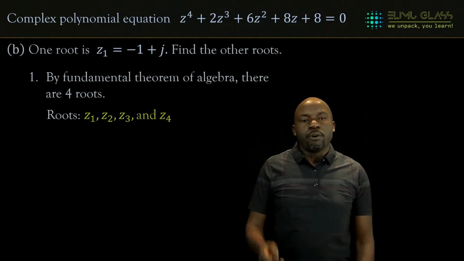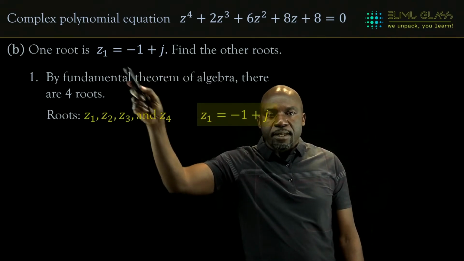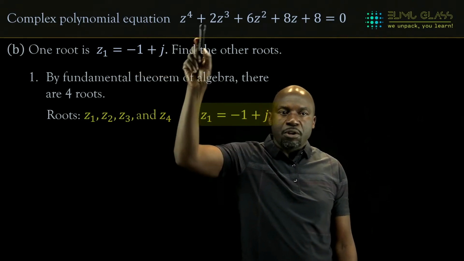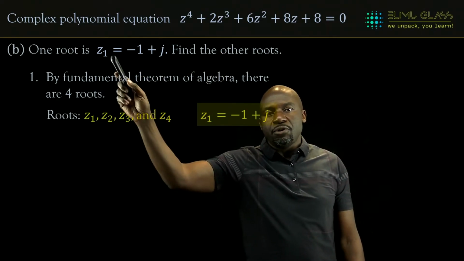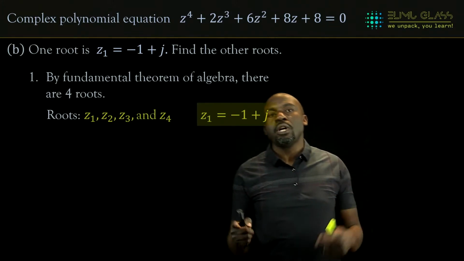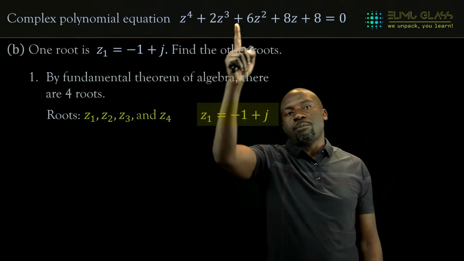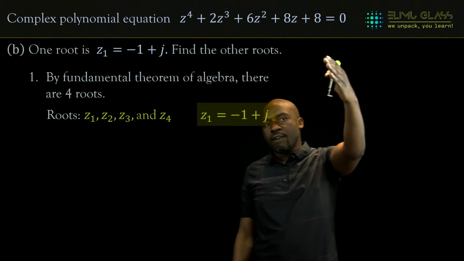So by point number 2, if a complex number happens to be a root of this polynomial, all right, then its conjugate must also be a root of that same polynomial. This is only true if the coefficients of the polynomial are all real numbers. So in this case, we have real numbers.